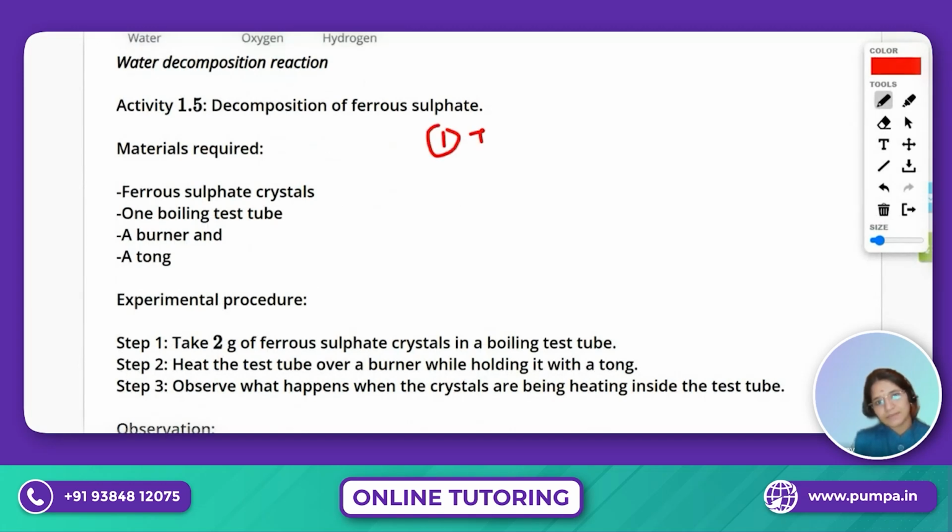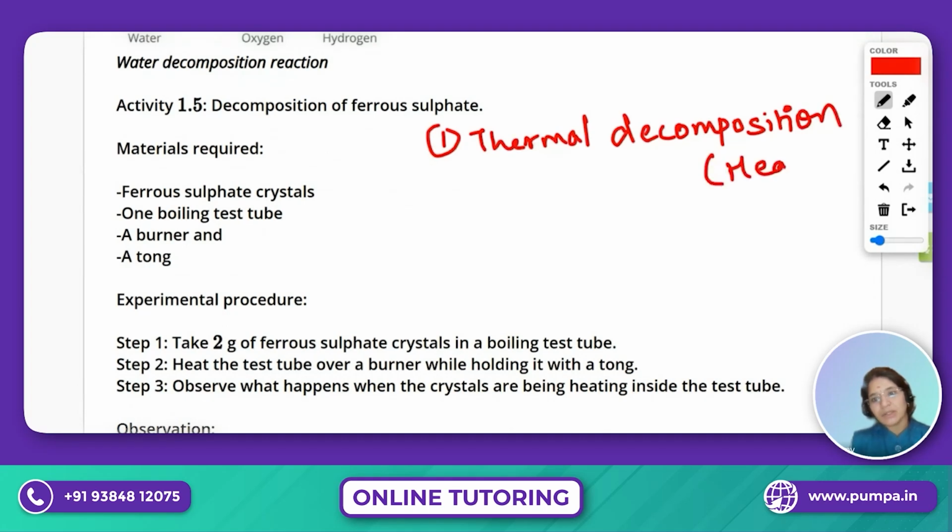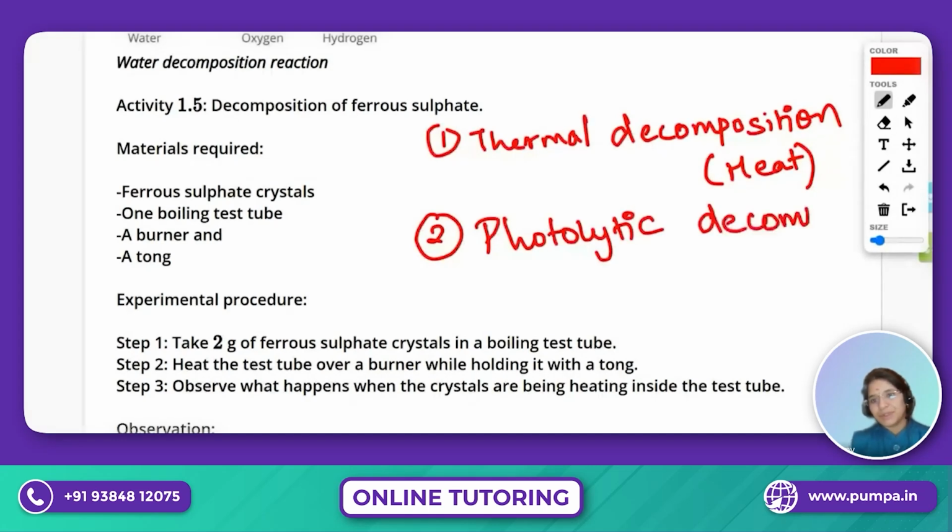One is thermal decomposition, decomposition happening by using heat. Second is photolytic decomposition, happening by using light, sunlight or any light source.